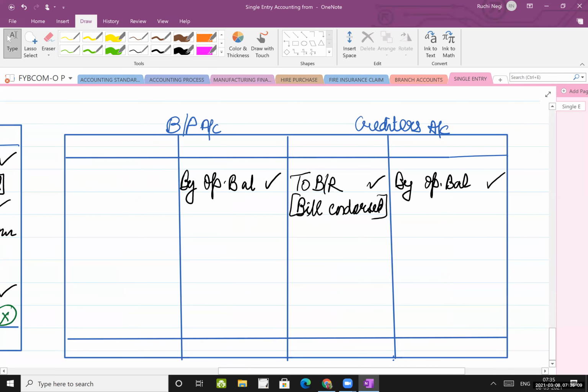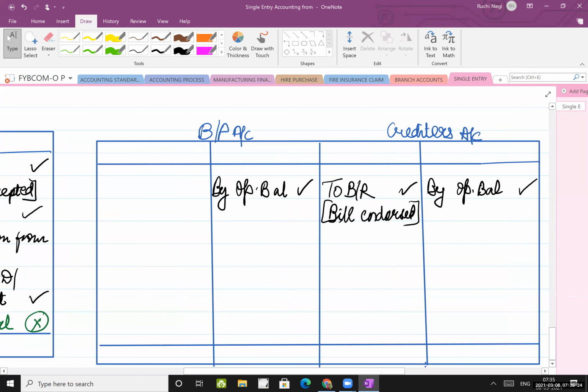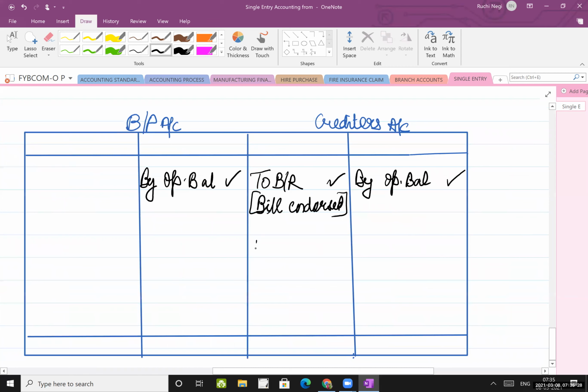Next, bill accepted, bills payable accepted. So what is the journal entry for bills payable accepted? Creditors to bills payable. Okay. Creditors to bills payable. This is all you have done in 12th standard. Bills payable accepted.